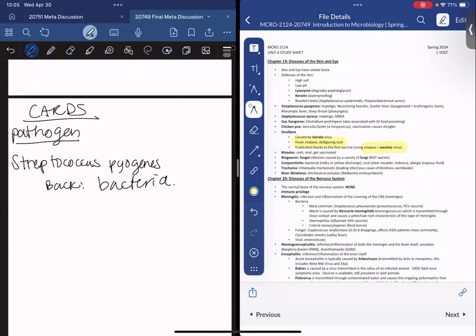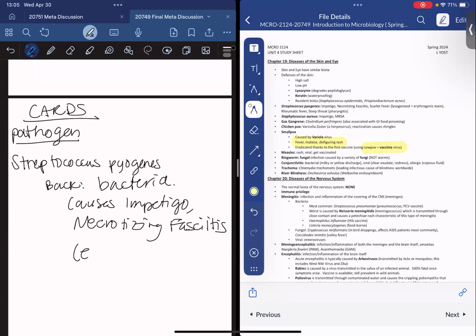For sure, I would know that. I would also say that it causes all of those diseases. I'm not going to write them all out, but you get the idea.